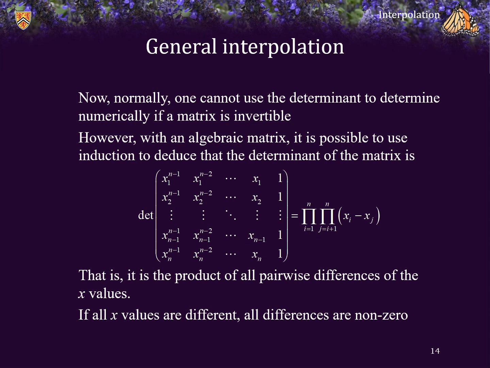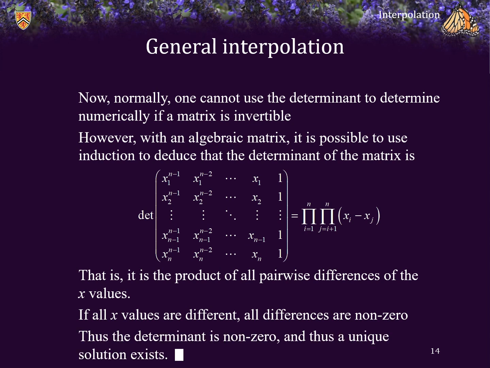If all the x values are different, all the differences are non-zero, and therefore the product of a whole bunch of non-zero values is going to be non-zero, and thus a unique solution exists. So as long as all the x values are different, given n points, there exists a polynomial of degree n minus 1 that passes exactly through all n points.